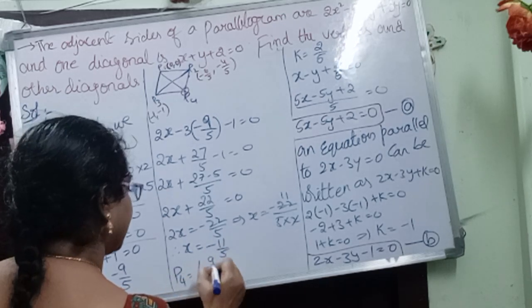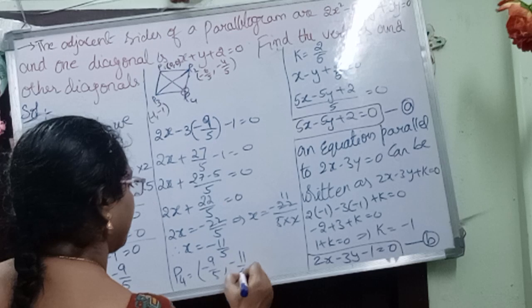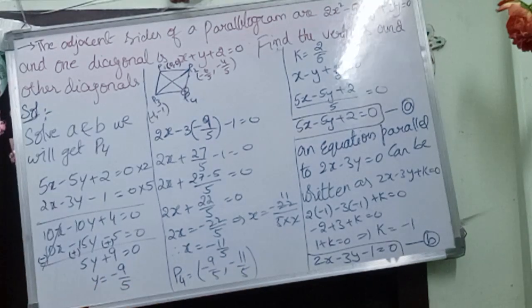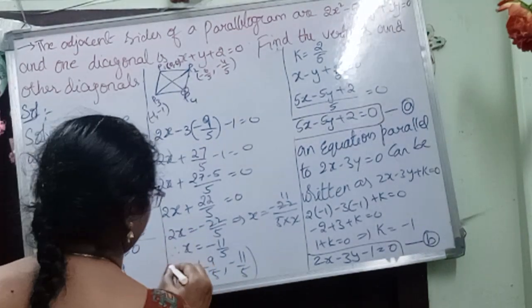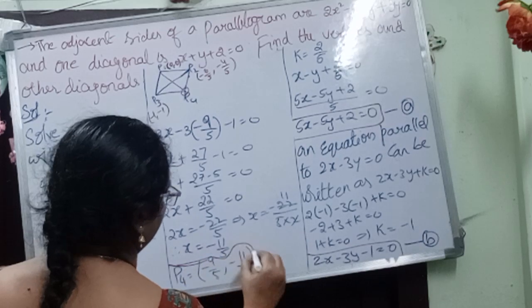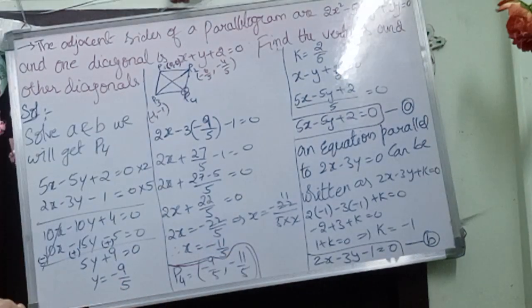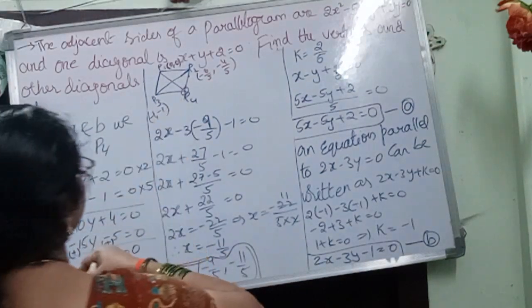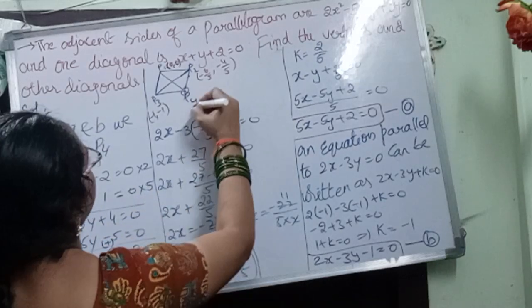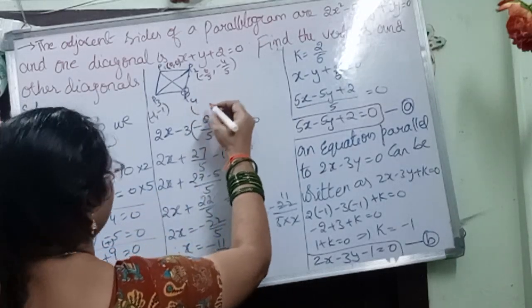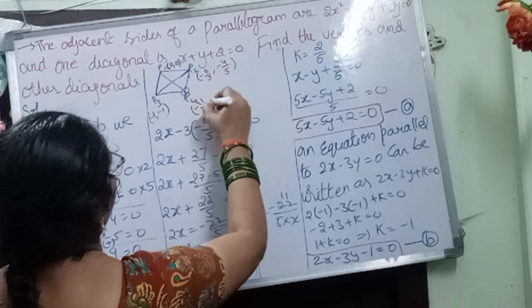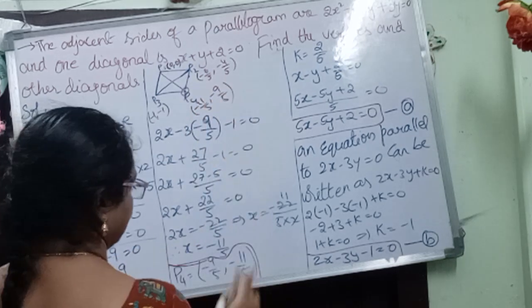P4 we got is minus 11 by 5 comma minus 9 by 5. So we got the vertex P4.